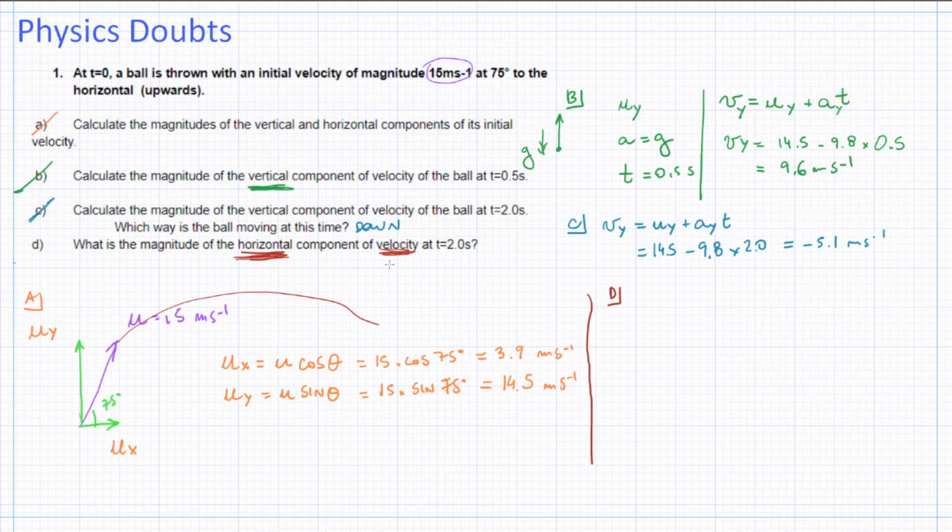Because there is no acceleration on the x-axis. There's only gravity, which is up or down, right? It's just interfering with the vertical movement. But on the horizontal movement, there's nothing to change the velocity. So vx is the same as ux. So the horizontal speed is constant, which would be 3.9 meters per second.